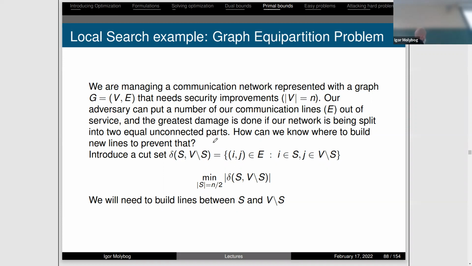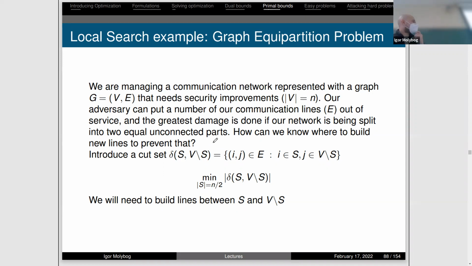This edge would be inside the cut set. This edge would be inside the cut set. This edge would be inside the cut set, but this one would not, and this one from 2 to 6 would not.